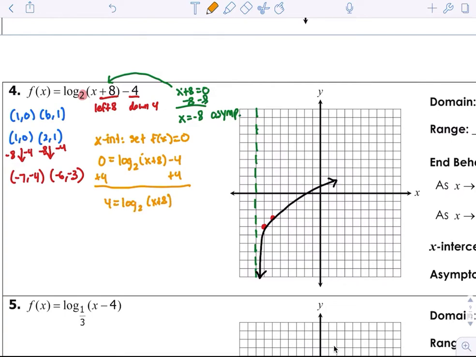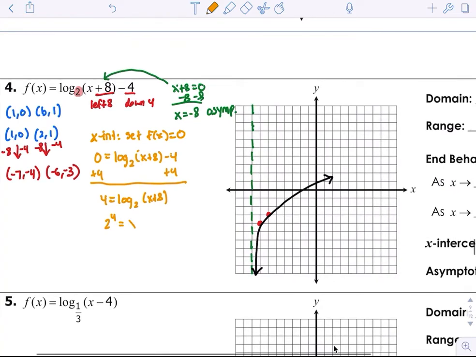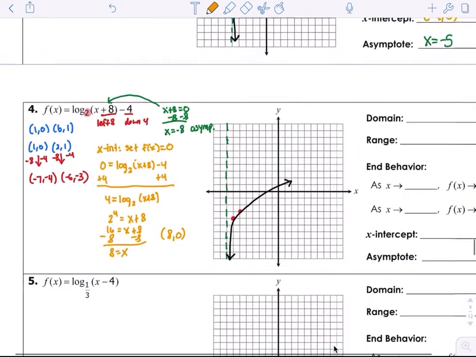Change it to exponential form, so 2 to the 4th is equal to x plus 8. 16 is equal to x plus 8, minus 8, minus 8. 8 is equal to x. So your x-intercept is going to be 8, 0.